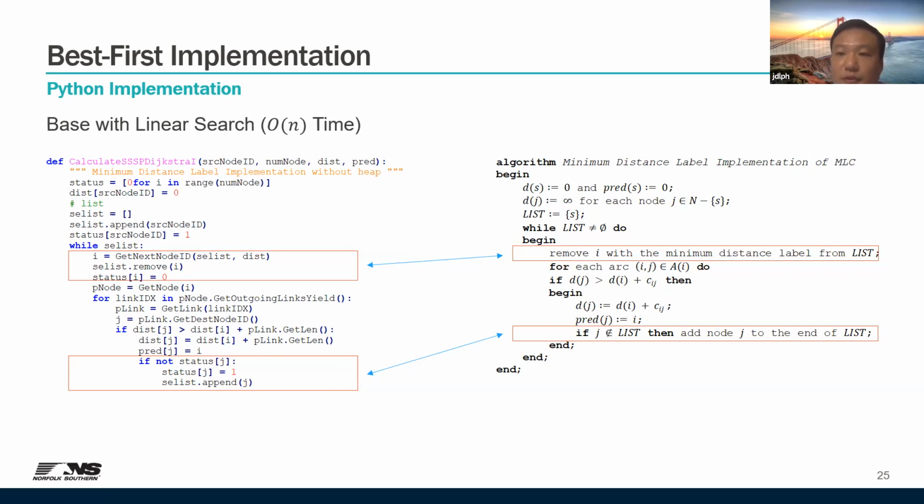Basically, you will have two sets of nodes. One is with the permanent label. The other is with the temporary distance label. So this is an equivalent implementation, and that's the reason it is essentially the Dijkstra algorithm here.